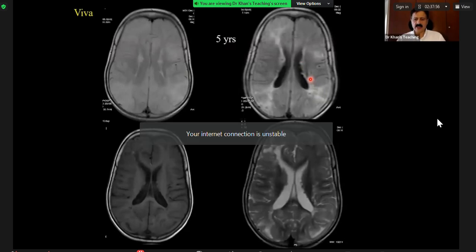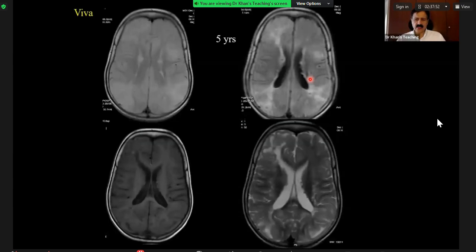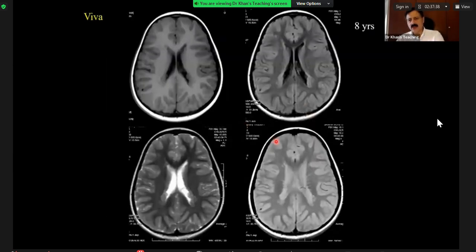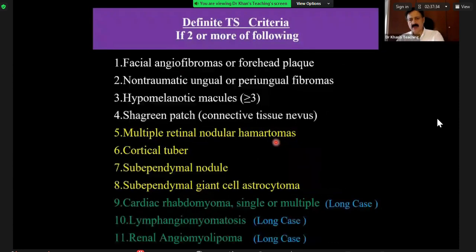And please remember that they will calcify. By the age of 2, they do calcify. On a CT scan, it becomes a very easy call. But on an MR, you might miss it. So this was a sort of a trick case which I put up here intentionally. So, subependymal heterotopia.